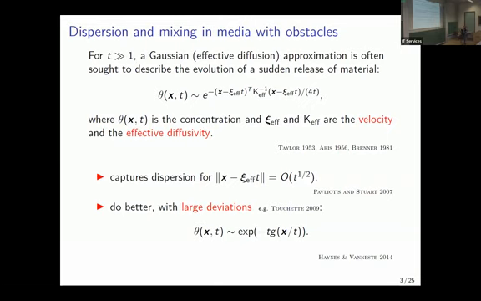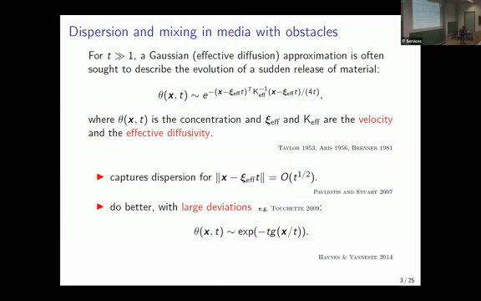And this is in terms of a Gaussian approximation resulting from an effective diffusion equation, which involves two parameters, an effective velocity, which arises when you have some background flow, and an effective diffusivity tensor. And this kind of representation was first developed by Taylor and Harris in the 50s in the context of shear flows, and translated to the context of porous media by Brenner in the early 80s.